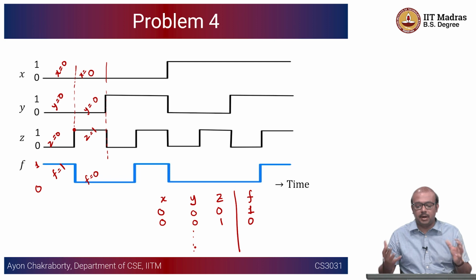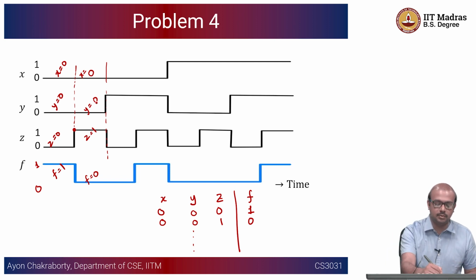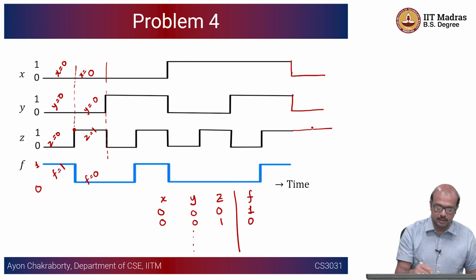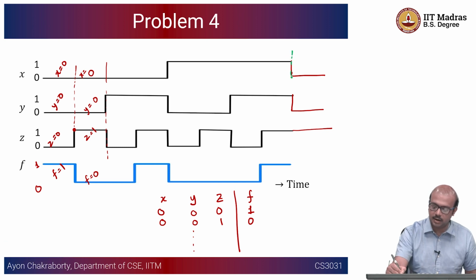So somebody might give you a timing diagram which has, let's say 0, 0, 1, you have f equal to 0. I can recreate the same waveform, right? So this is x equal to 0, this is y is equal to 0, and this is z is equal to 1, right? So this part of the figure is some kind of a condition that we have already noted down.